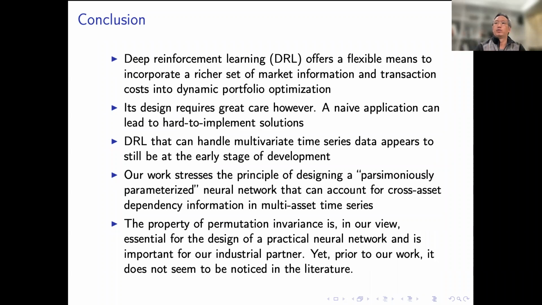Overall, we tested this on an extensive set of real-life data, and I think this is much more acceptable to our industry partner. That's a brief summary of my research.